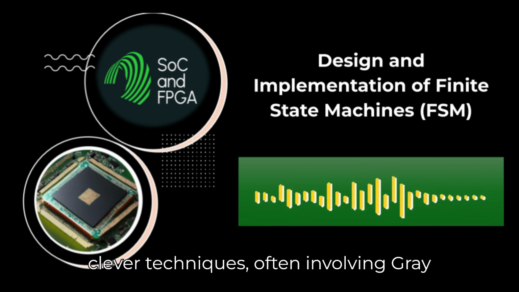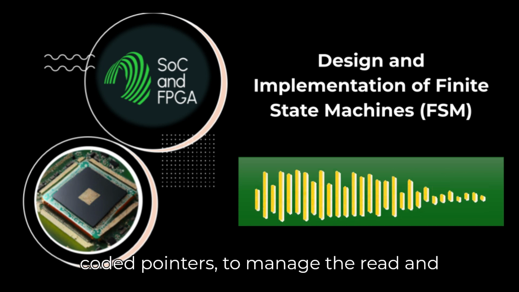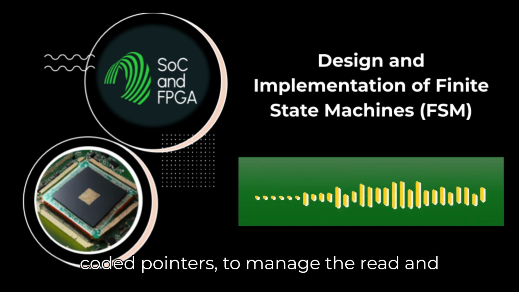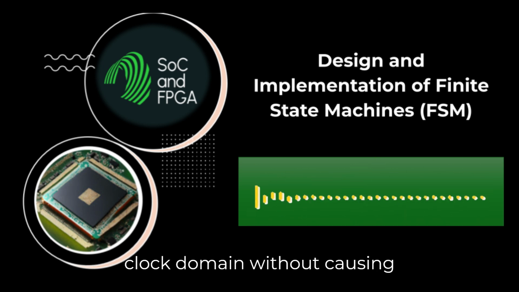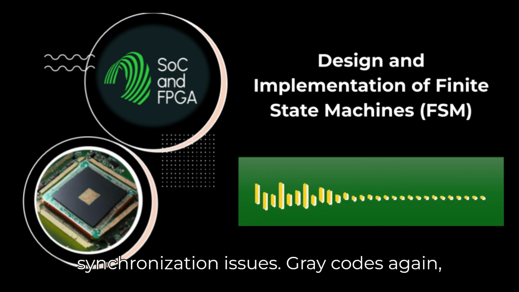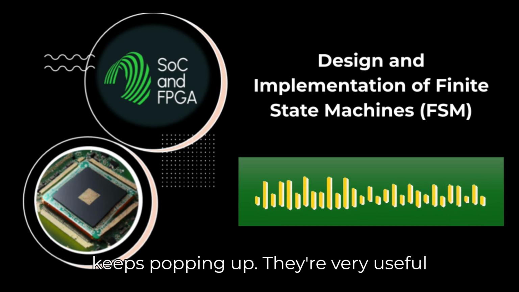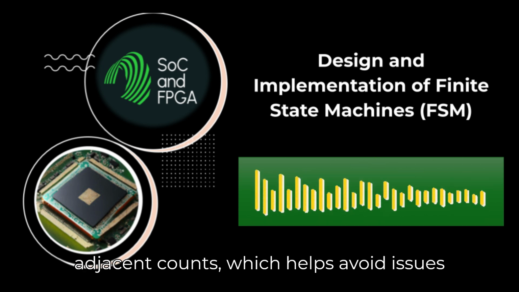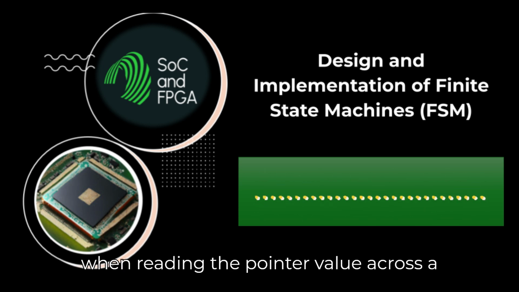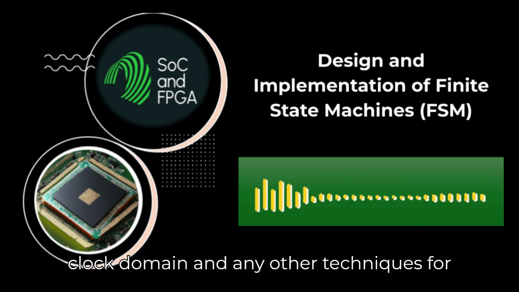It uses clever techniques, often involving gray-coded pointers, to manage the read and write operations independently in each clock domain without causing synchronization issues. Gray codes again. Keeps popping up. They're very useful because only 1 bit changes between adjacent counts, which helps avoid issues when reading the pointer value across a clock domain. And any other techniques?